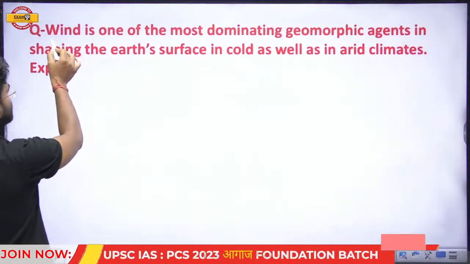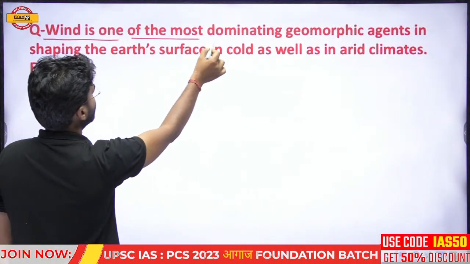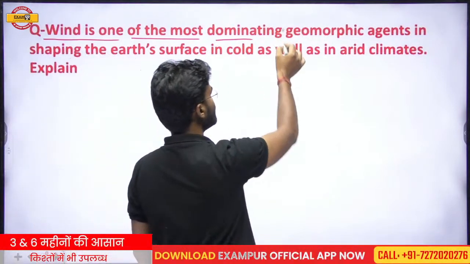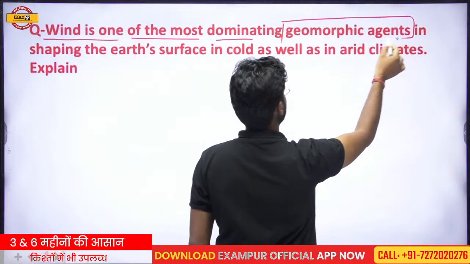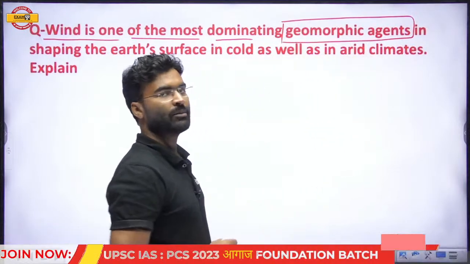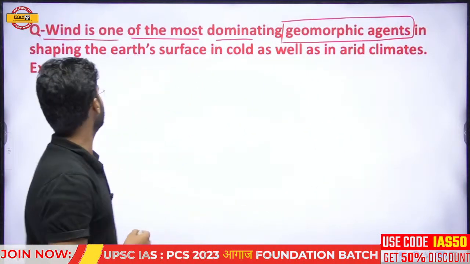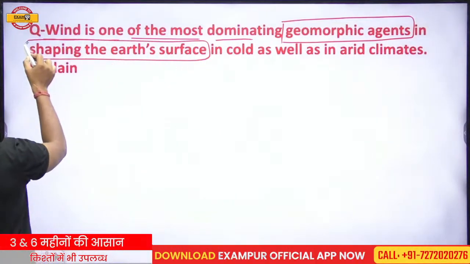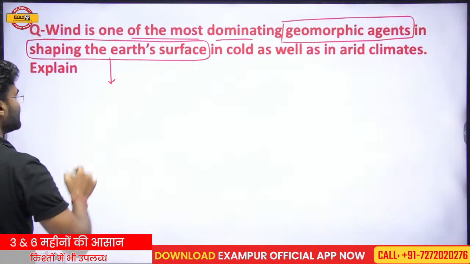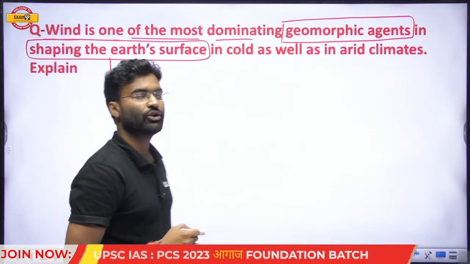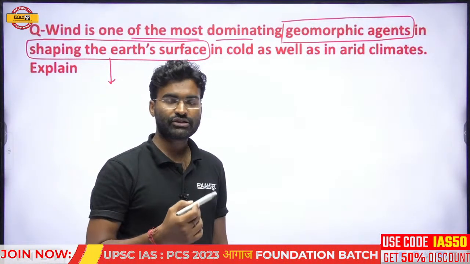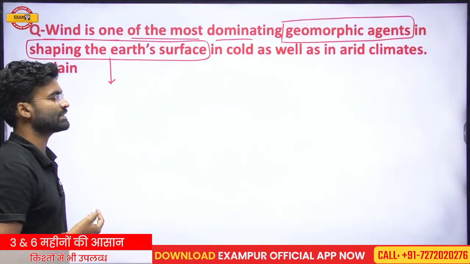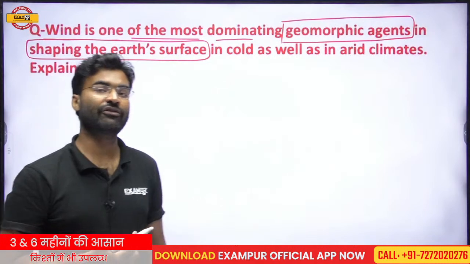So the question says the wind is the most dominating geomorphic agent. There are many geomorphic agents, and wind is among them, in the shaping of the Earth's surface. In the morning session, I discussed geomorphic processes. The shape of the present Earth surface is determined by many factors.